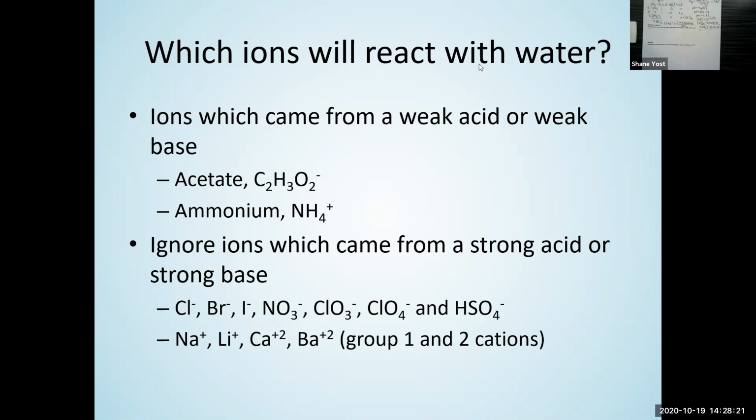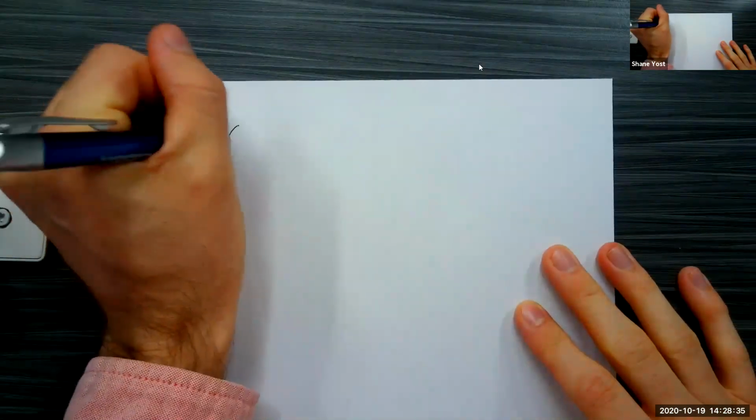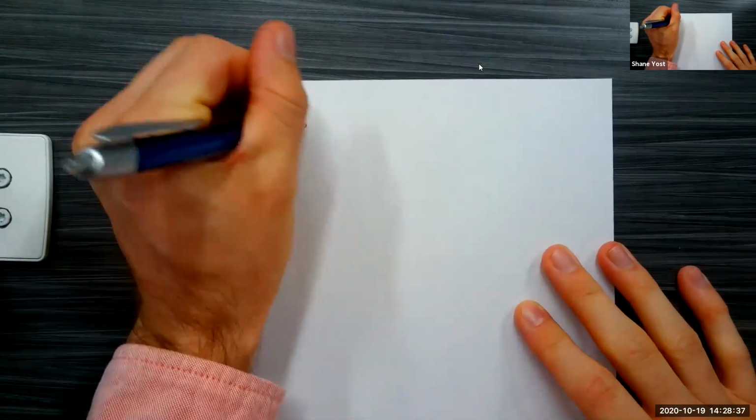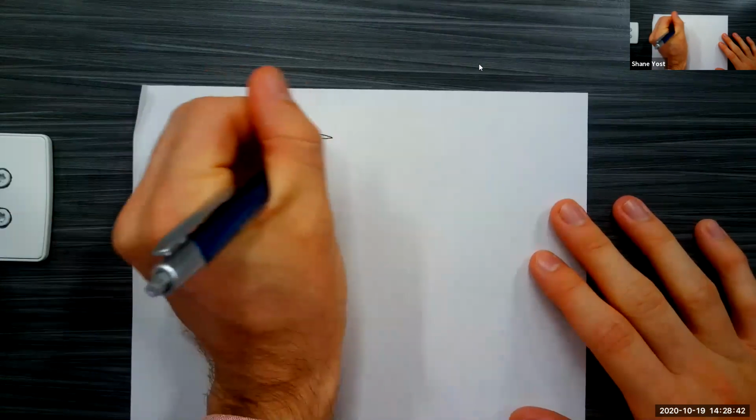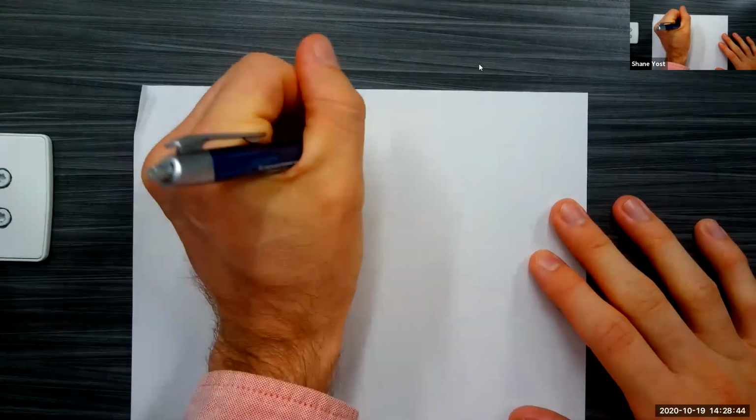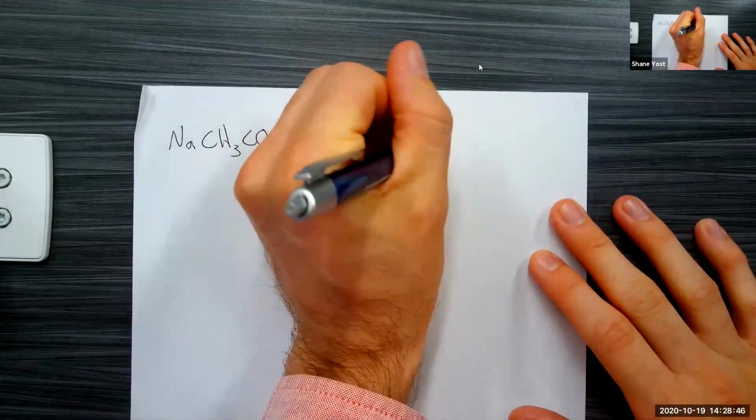Let's go over examples of these things. My salt is sodium acetate, CH3COONa. I put this in solution, and it's going to break apart into sodium ions plus acetate ions.